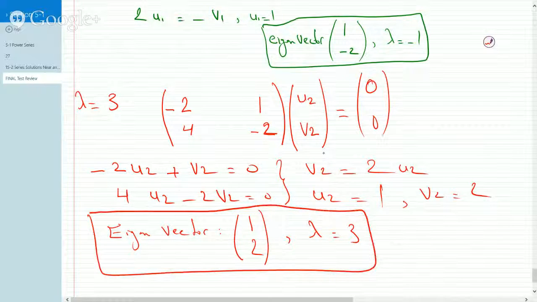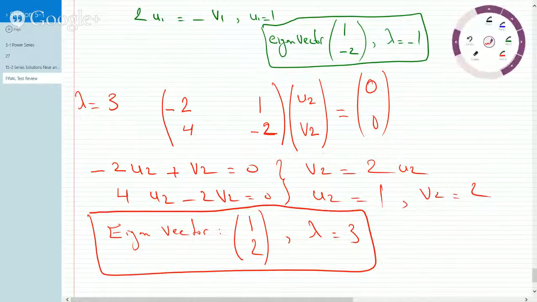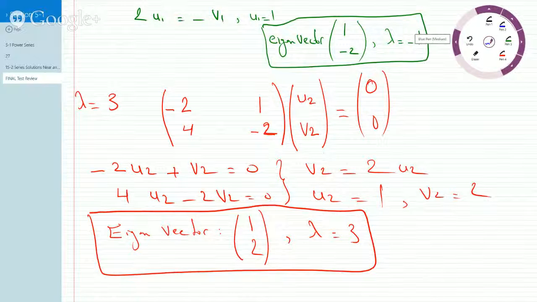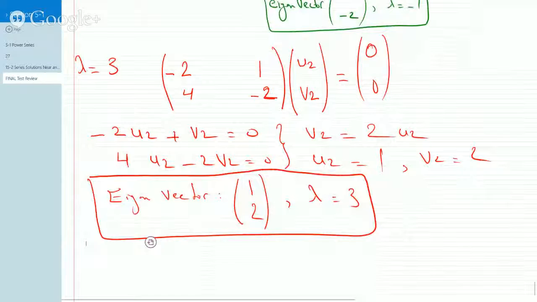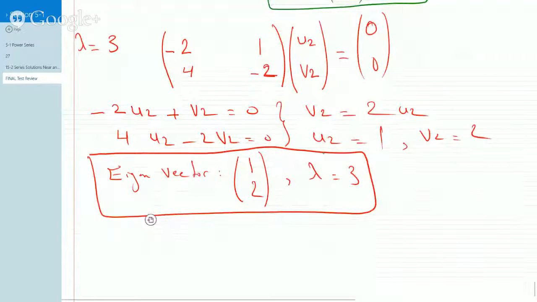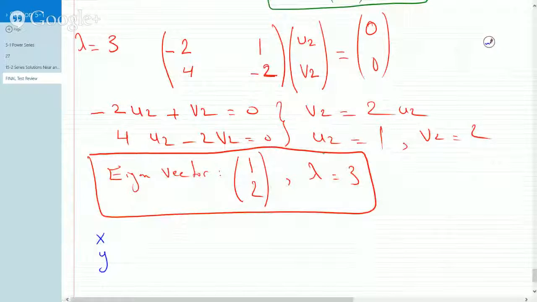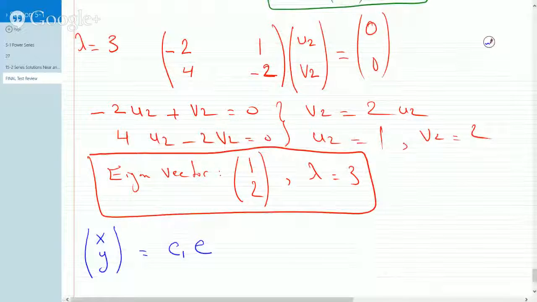Now we can move on to write the solution of our differential equation based on these eigenvalues and eigenvectors. So x, y will equal C1e. Now the eigenvalues correspond to the exponentials in the solutions.